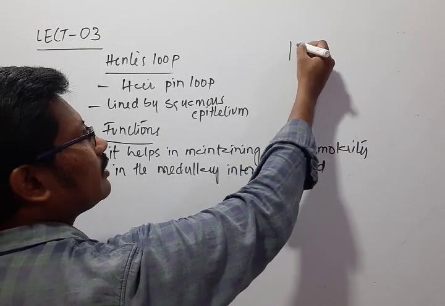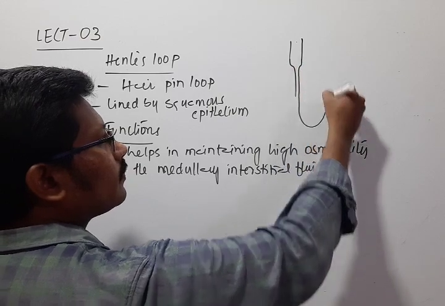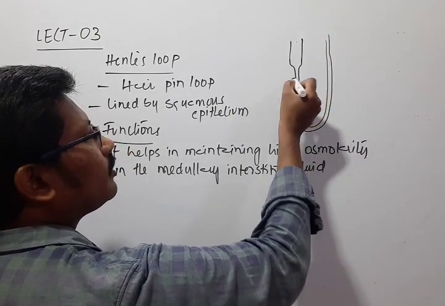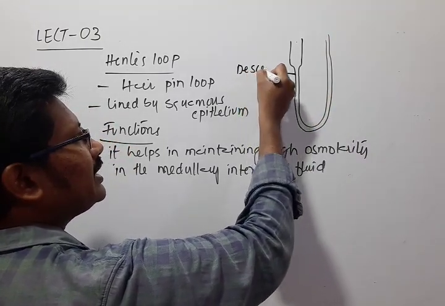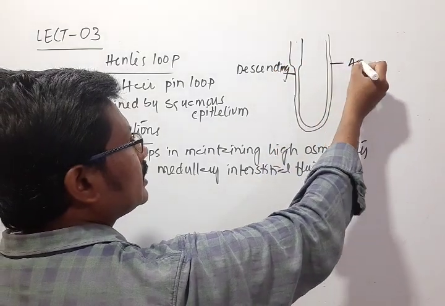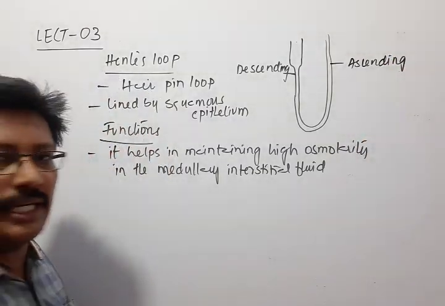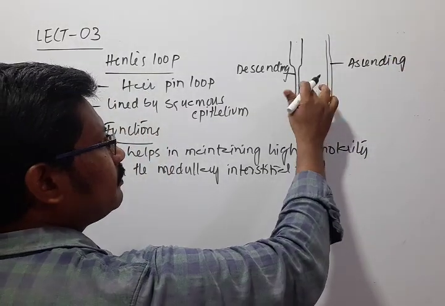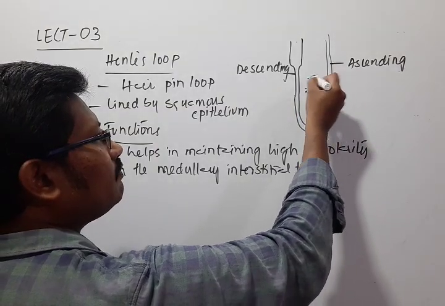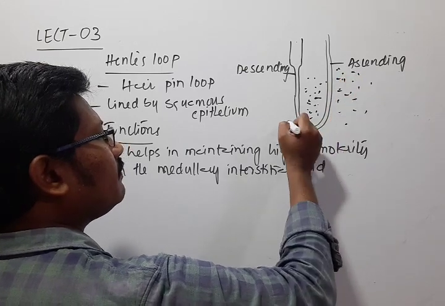Suppose you are seeing this, so this is the Henle's loop. Okay, so this is the descending loop of Henle, and this is the ascending limb of loop of Henle. And you will see the fluids here. The space between the ascending limb and the descending limb is all filled with the fluid.